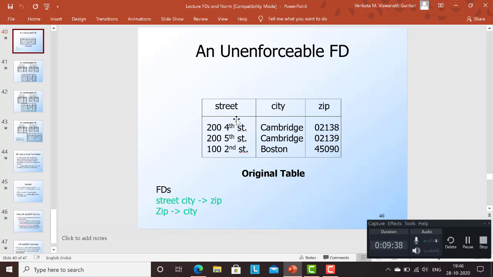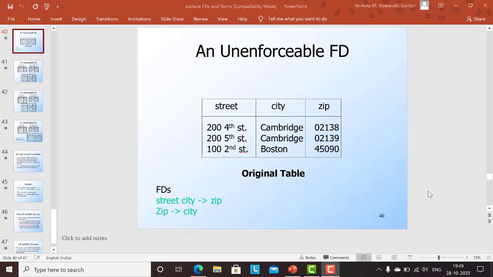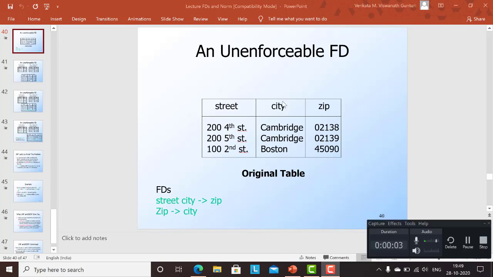So there is a bit of redundancy going on here, and that redundancy is in the column of the city. Consider this: you pick a zip code, and there are several street addresses which come into a zip code, because a zip code is a postal code sort of a thing.